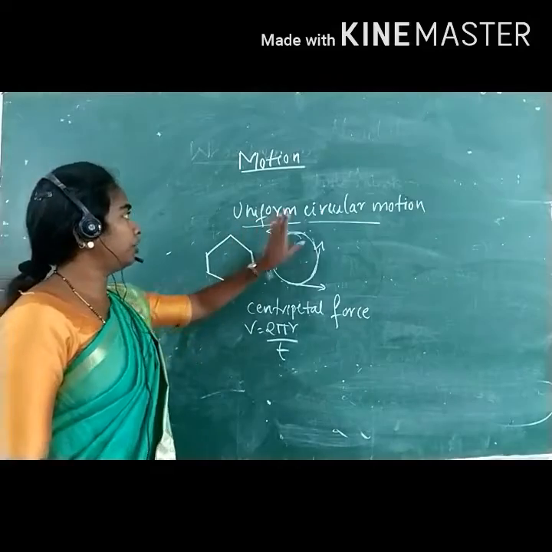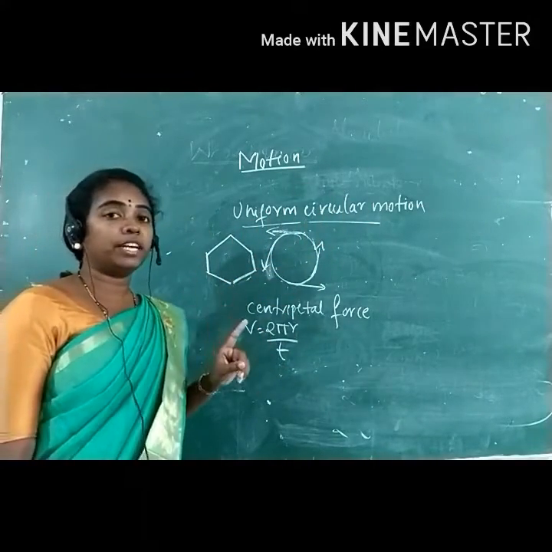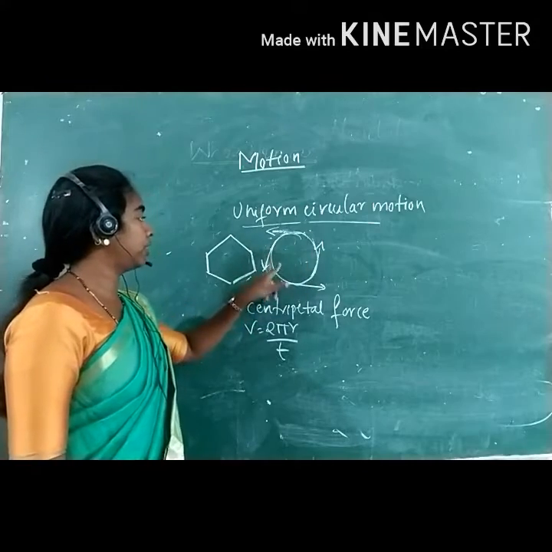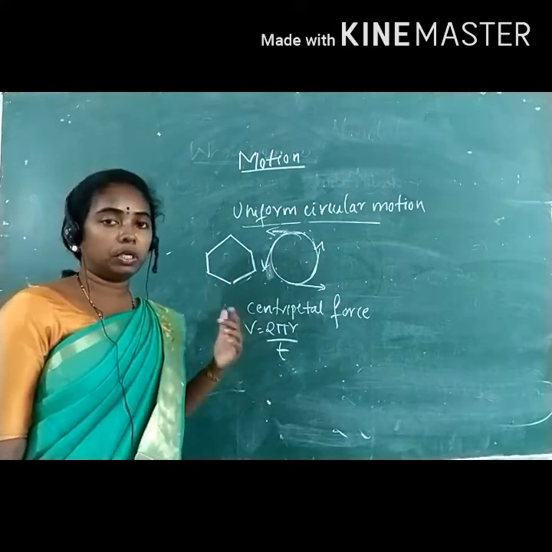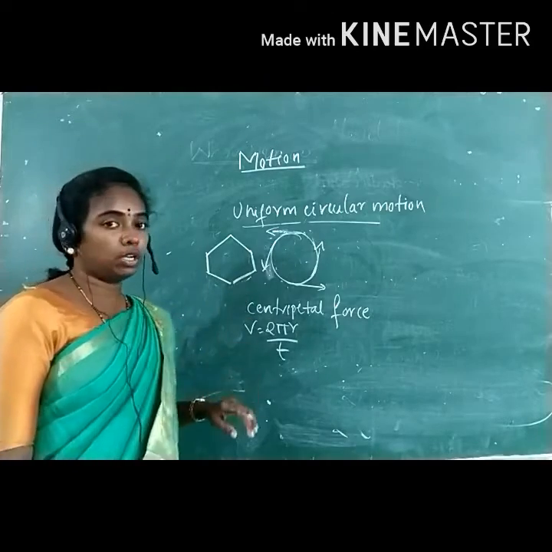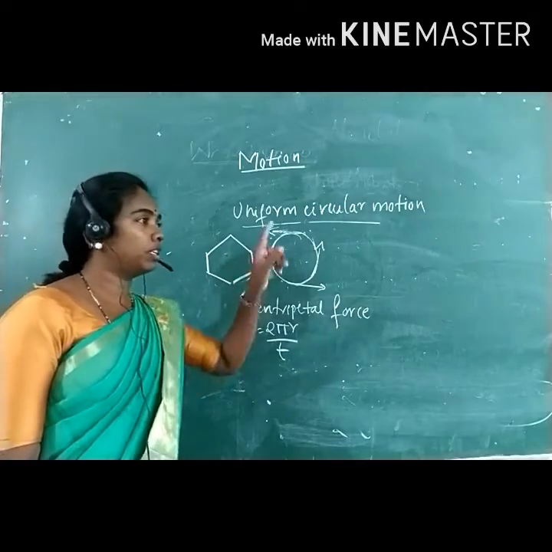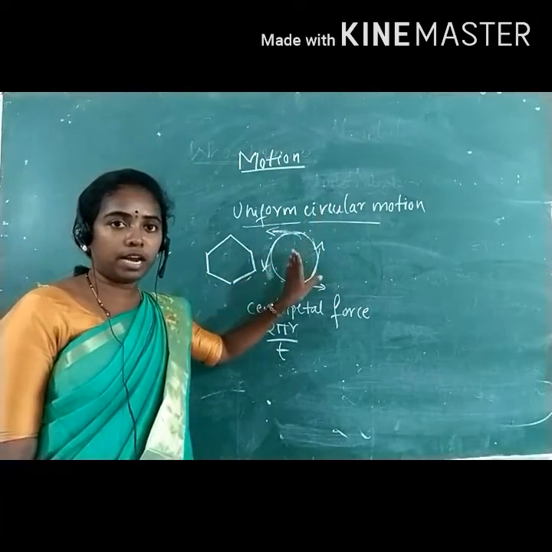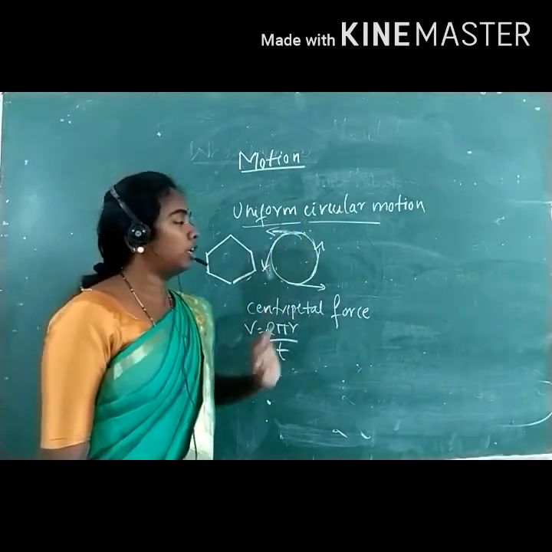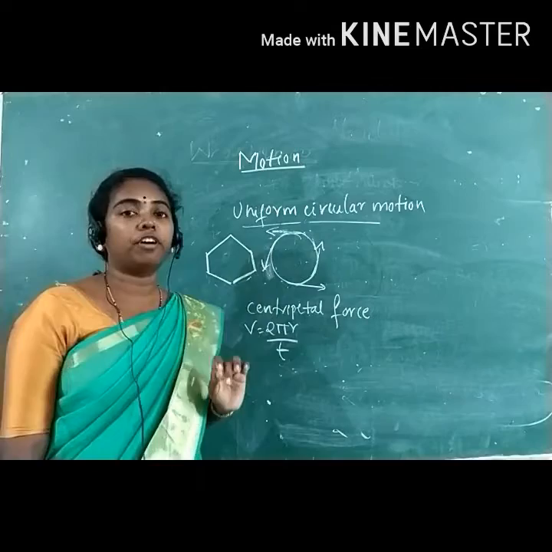Next is uniform circular motion. What is uniform circular motion? An object moving in a circular track or in a loop. Whatever the track, within the loop is given by circular track, and the object moving in that is given by uniform circular motion. Why do we mention uniform? Because it is moving at a uniform speed.